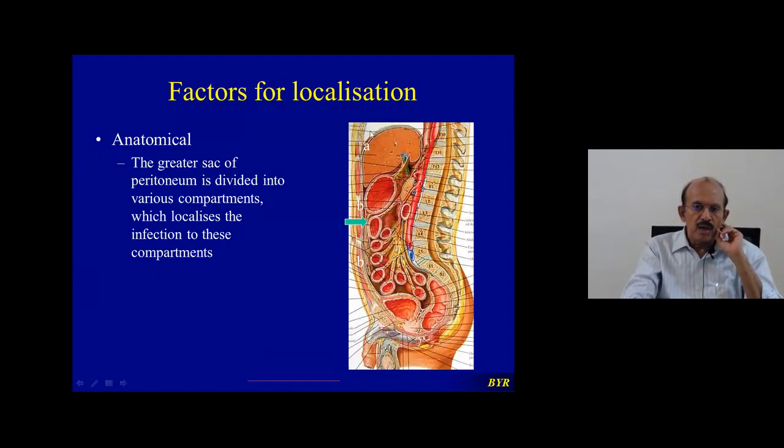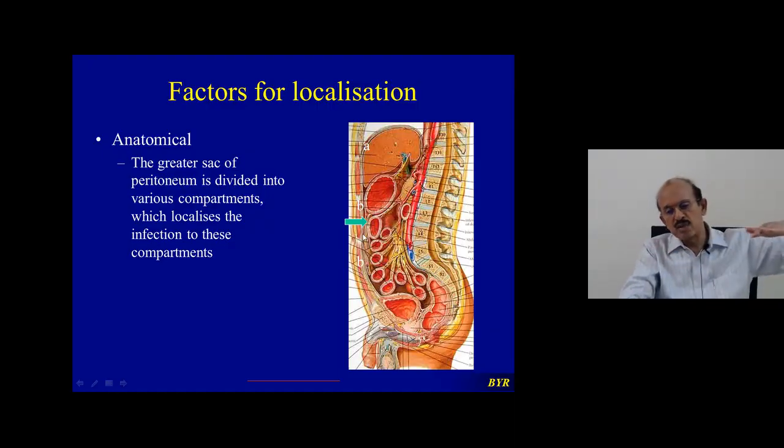After the subdiaphragmatic spaces, next is the transverse colon and transverse mesocolon. The transverse mesocolon hangs from the posterior abdominal wall and the transverse colon is situated onto the anterior abdominal wall. So this forms a big horizontal septum, which divides the peritoneal cavity into two compartments, a supracolic compartment and an infracolic compartment.